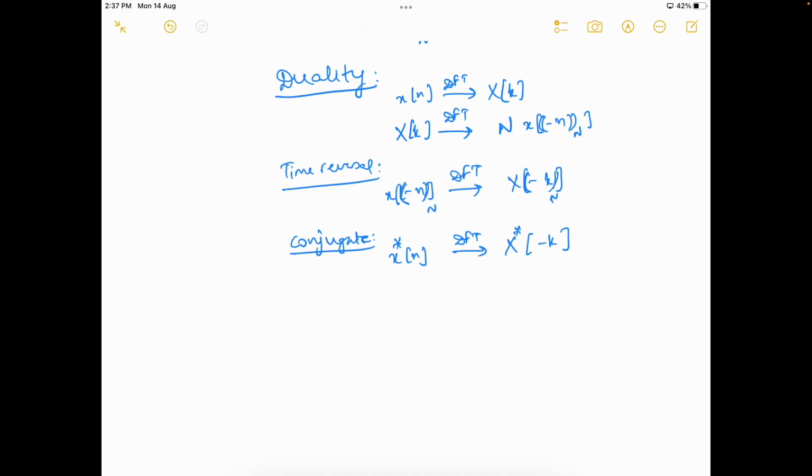Now using these, tell me if x is real, what can you say about X[k]? If x[n] is my real signal, means it is not a complex number, its imaginary part is 0 basically.